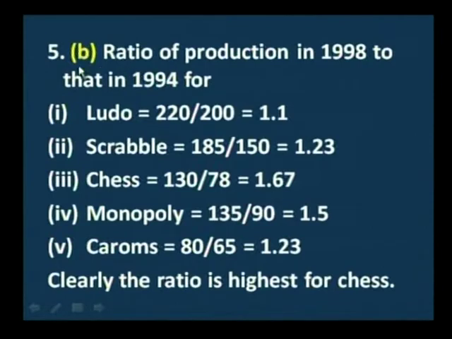So, the fifth question you have is asking about the ratio of production in 1998 to that of 1994. So, if you want to obtain the ratio, what is it that you do? You divide those two quantities and try to reduce them. So, the ratio of production of Ludo in 1998 to 1994 is going to be 1.1.